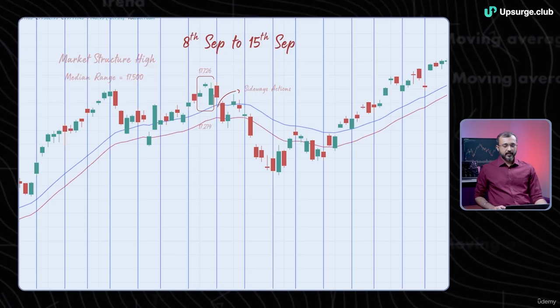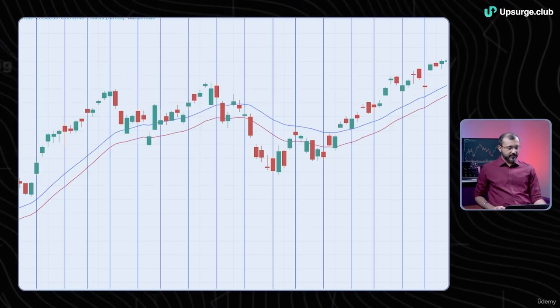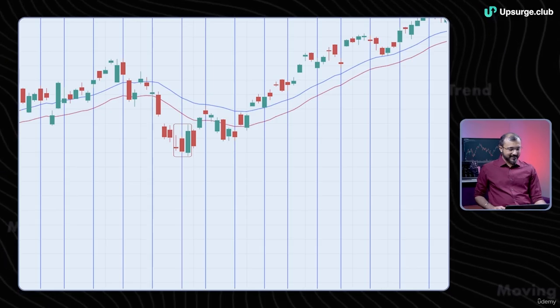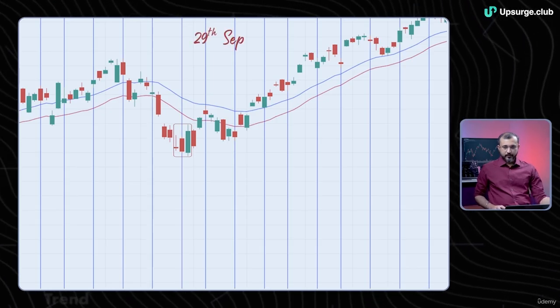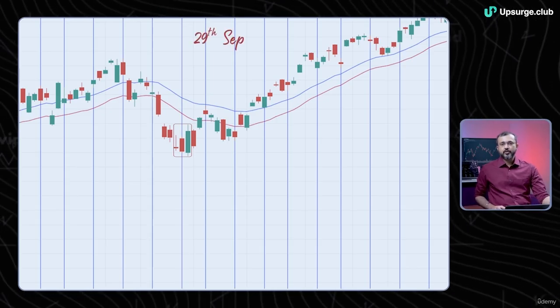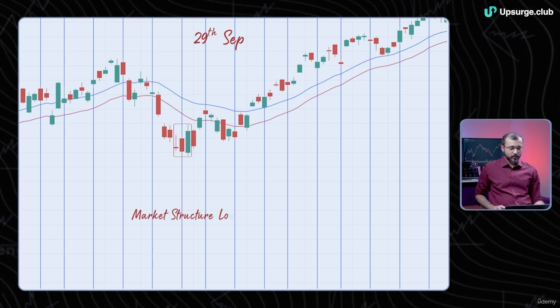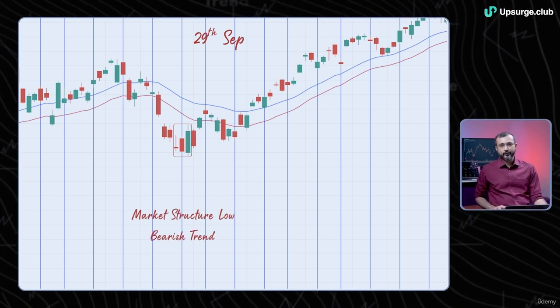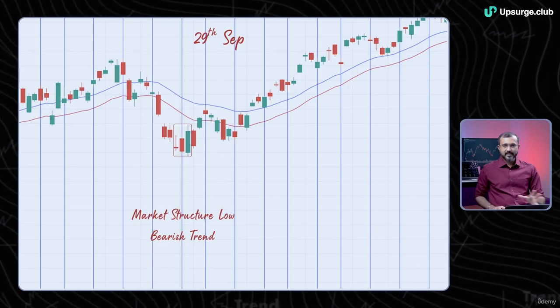So the next trade that we have seen is in week 40 of the expiry, from 29th of September to 6th of October, where a market structure low got formed. The trend is bearish and a market structure low getting formed, which is a bullish pattern. The markets have become sideways.